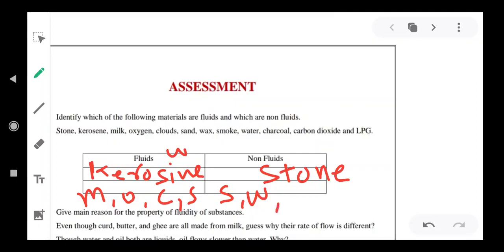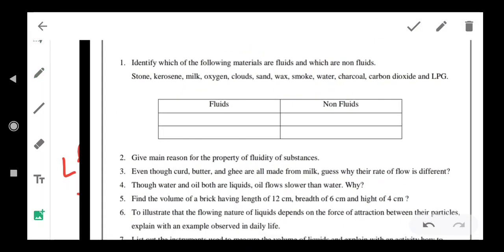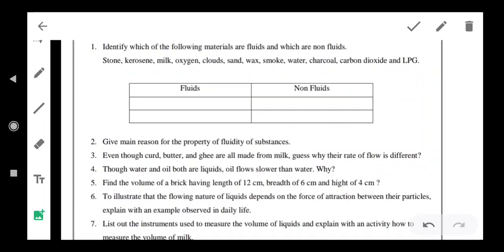So charcoal is a solid, so it comes under non-fluids. Next, carbon dioxide is a gas, so it is a fluid. LPG is also a liquefied gas, that is also a liquid, so it comes under fluids. So this is your answer for the first question. Okay, we go to the next one.